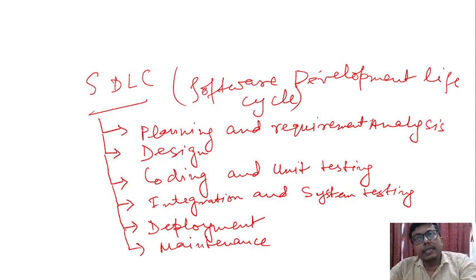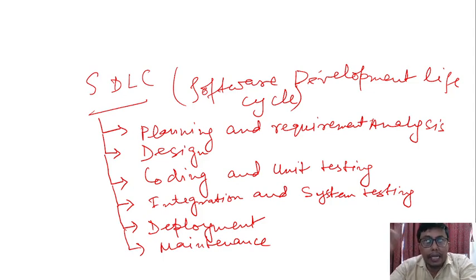And once the testing from the development team is done, they will assign that particular module, the executable file of that module, to the testing team. The testing team will test again by following the test cases. That would be very rigid testing.